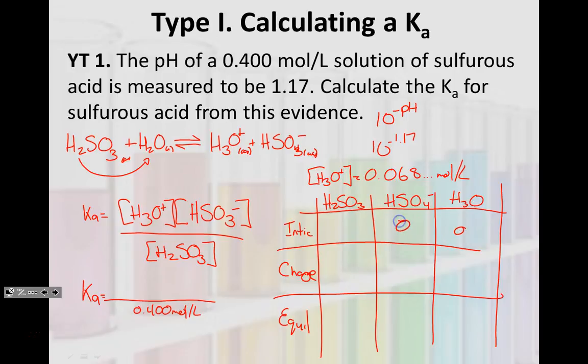The original concentrations of the products is not there, and the initial concentration of sulfurous acid is 0.400. We just figured out by using the pH that the concentration of the hydronium ion would be 0.068 moles per liter.